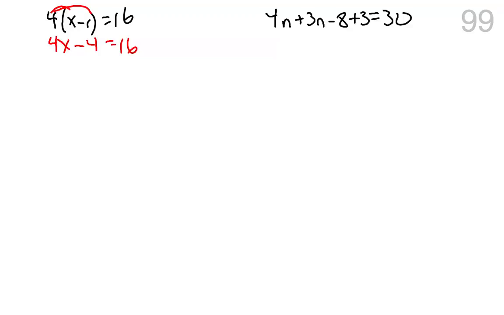4 times x is 4x. 4 times negative 1 is negative 4. Now, standard 2-step equation here. The numbers are on opposite sides, so I do the opposite operation. 4x equals 20. Divide by 4. x equals 5.